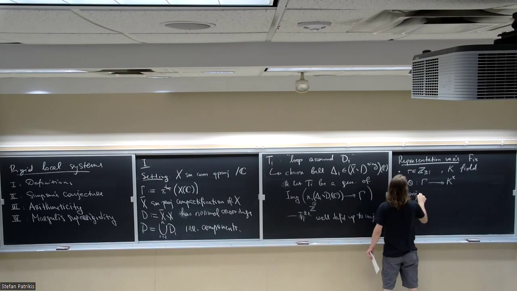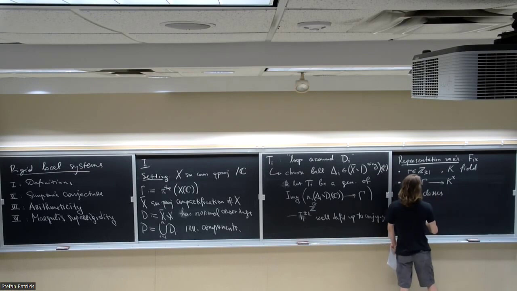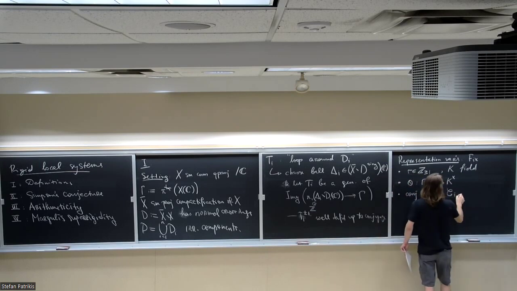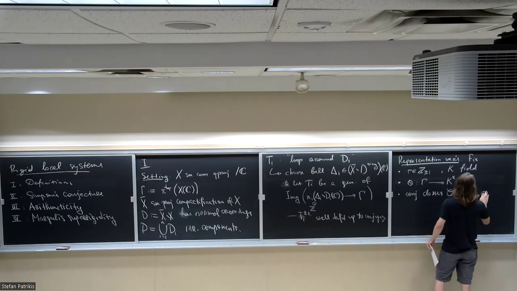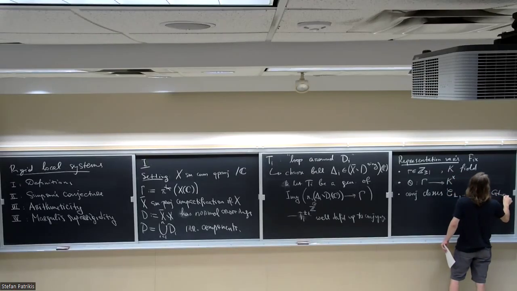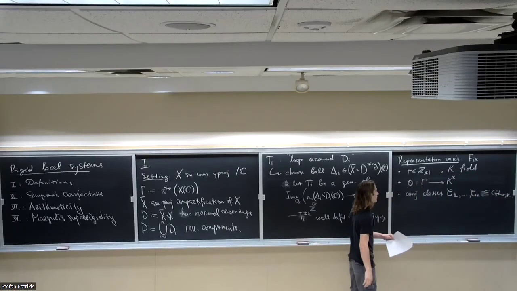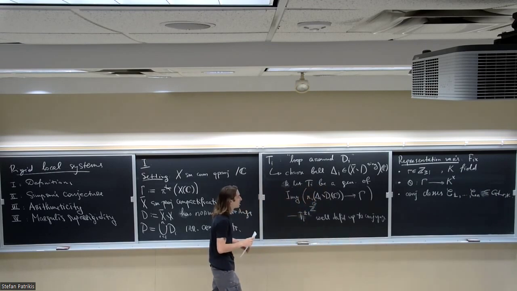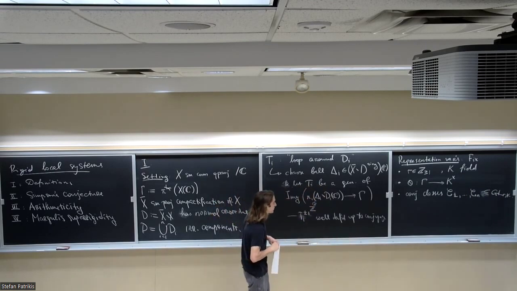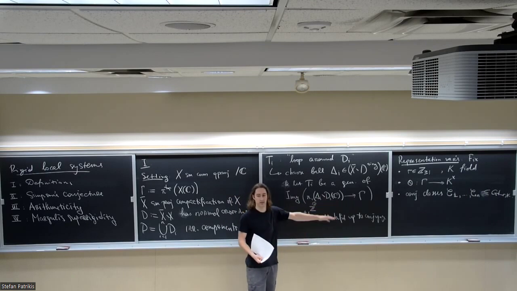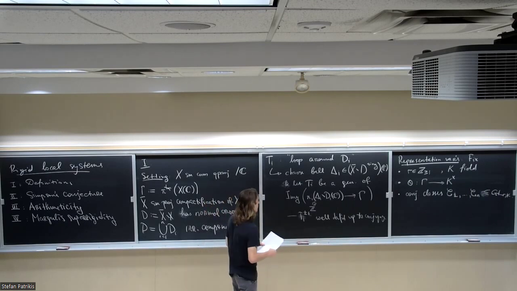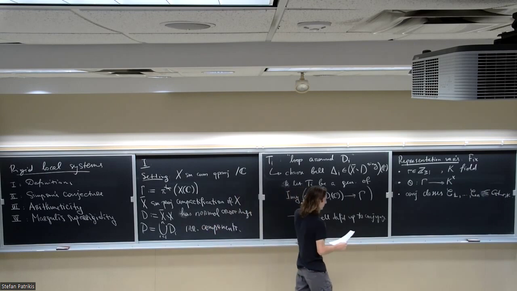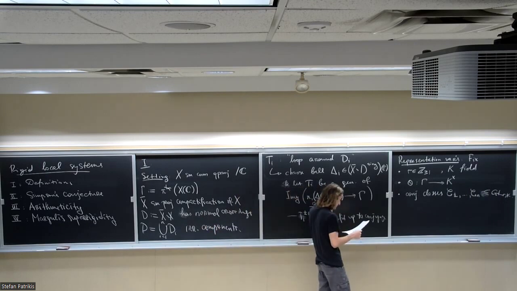And conjugacy classes C_1 through C_n, so these conjugacy classes are monodromy. And to make this definition, I guess I should probably view these conjugacy classes as locally closed subschemes of this affine algebraic group. But at the end of the day, for Simpson's conjecture stuff, it's not really necessary to do that.